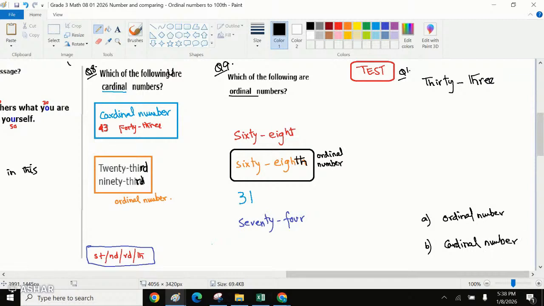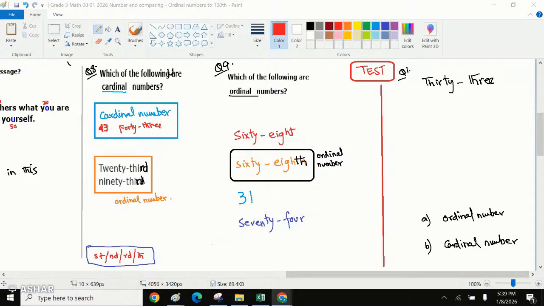So what can we say? 33 is an ordinal number or a cardinal number? It has loaded. I'll just do 33 is an ordinal number or 33 is a cardinal number. Can I have the answer? Rebecca and May, can I have the answer? 33 is an ordinal number or is it a cardinal number?